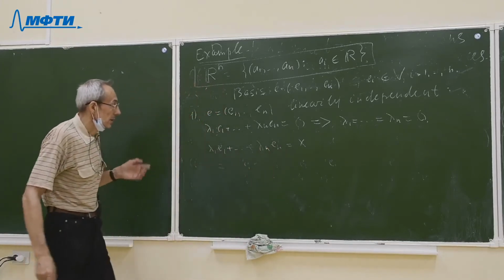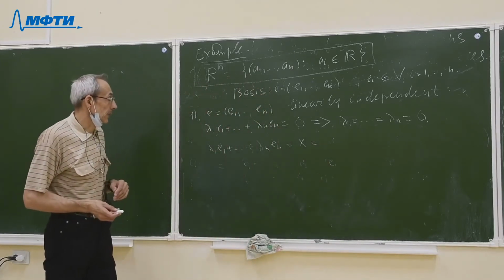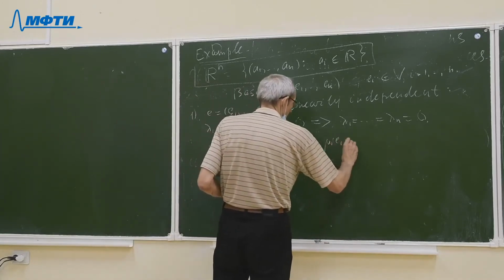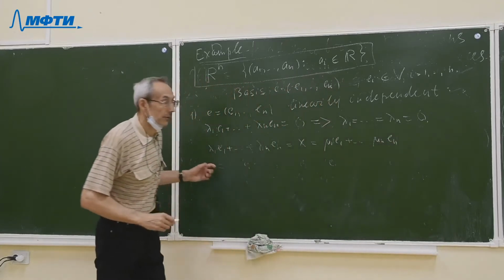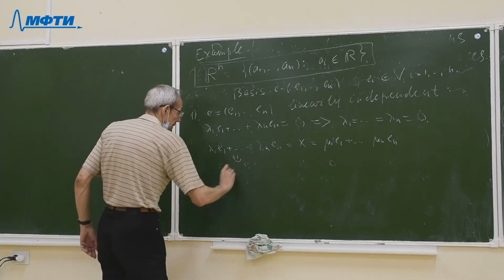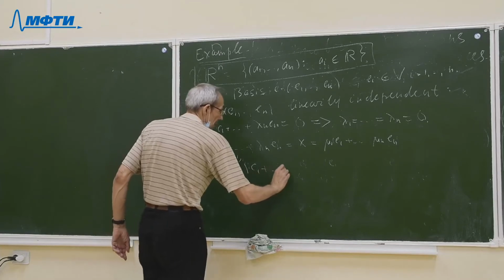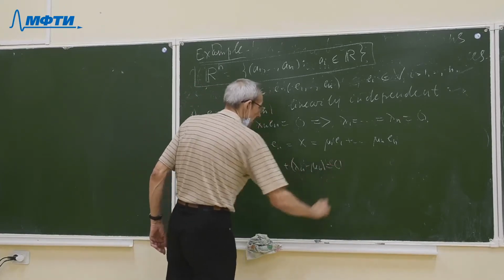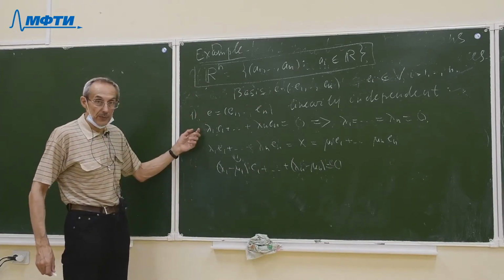Easy to see, if we obtain two various presentations, we can subtract the first of these presentations from the second, and we obtain a non-trivial presentation of the 0 vector. And we obtain a contradiction with the definition.